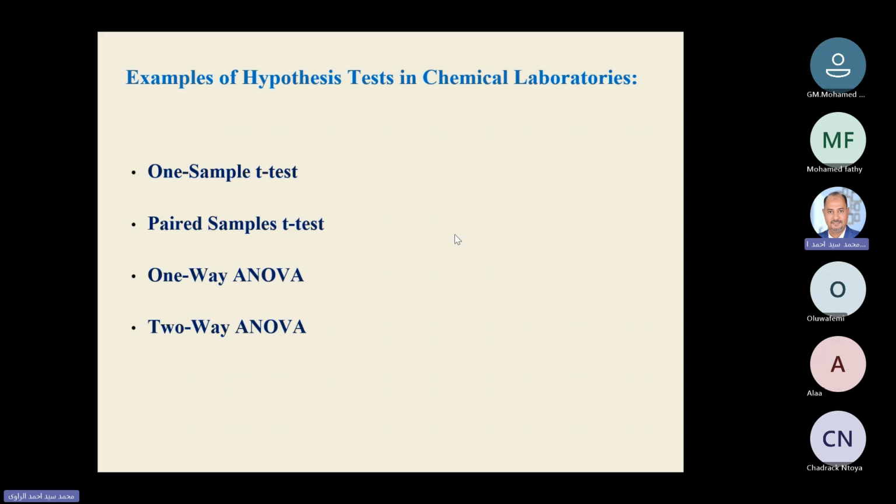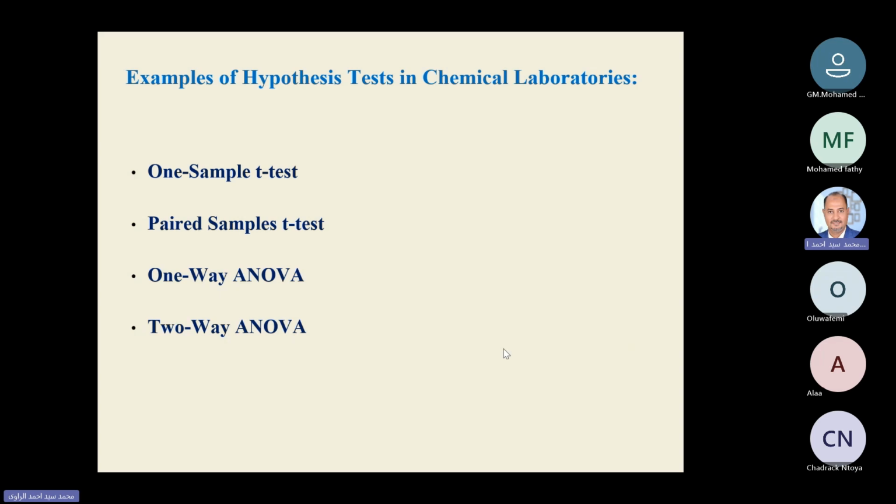So I will continue. We have also the paired sample t-test. The paired sample t-test is useful when we test the same samples using two methods, for example an old method and a new method, and we want to compare whether the old method gives the same result as the new method. So we use the paired sample t-test.